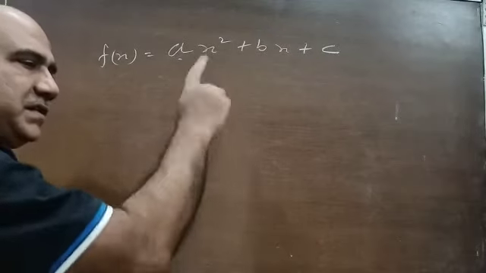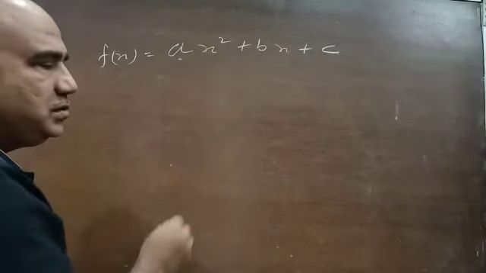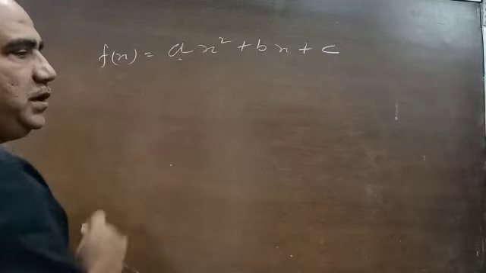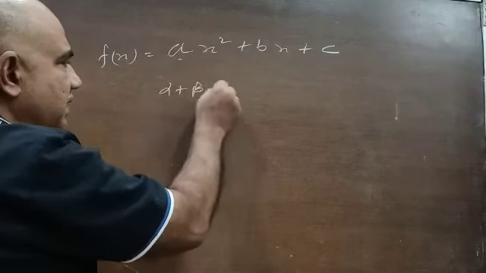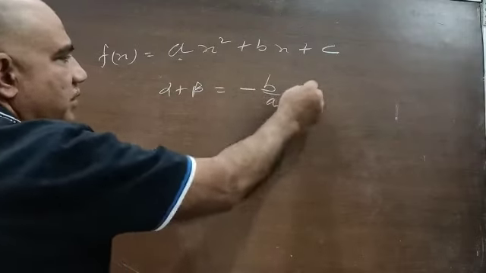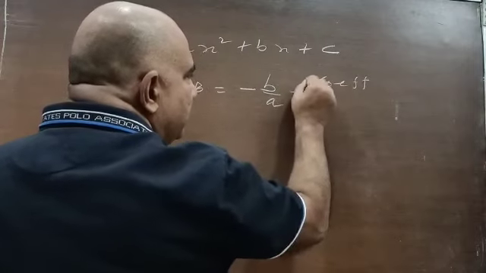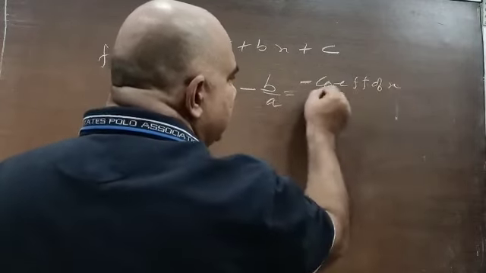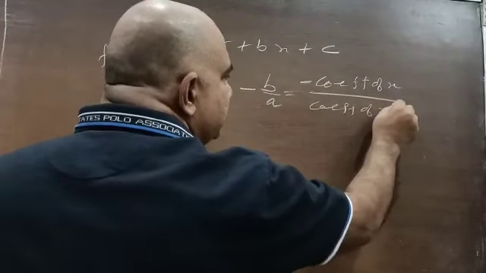We have even derived this. Let alpha and beta be the zeros of this quadratic polynomial. Then alpha plus beta, we saw, was minus b upon a, that is minus coefficient of x divided by coefficient of x square.